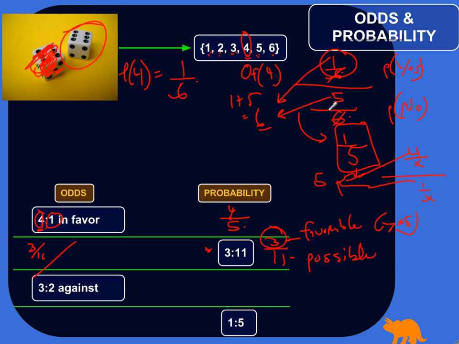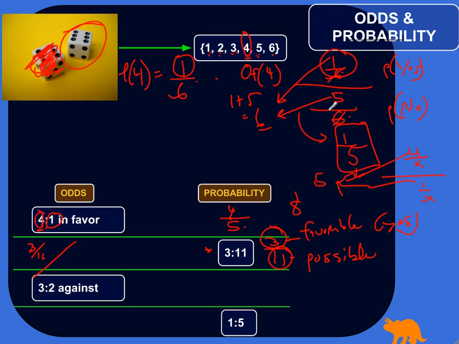So if there's 3 favorable outcomes out of 11 possible outcomes, there must be 8 non-favorable outcomes, or 8 ways in which this thing could not happen. Just like back up here, if there's a 1 out of 6 probability that I'll roll a 4, then there's a 5 out of 6 probability that I won't roll a 4.